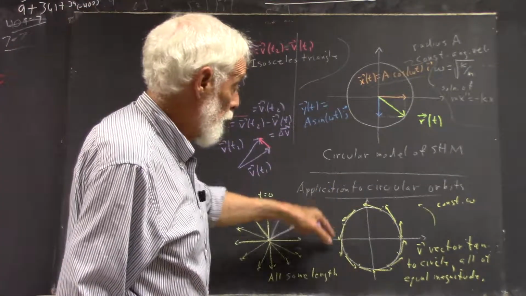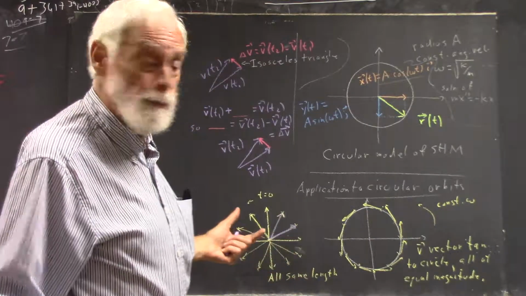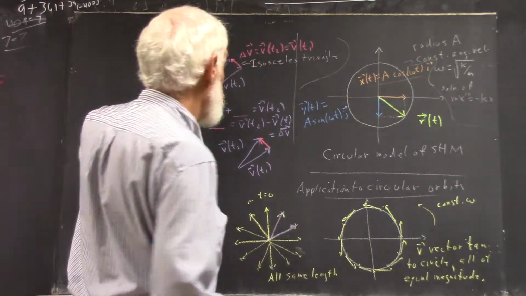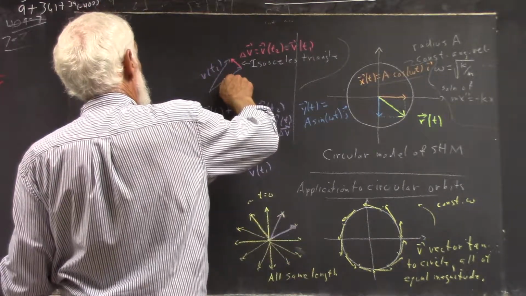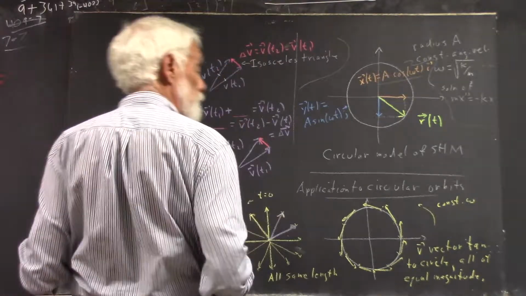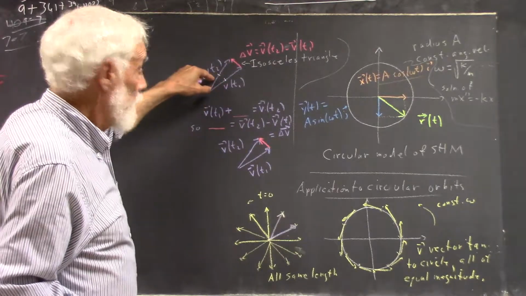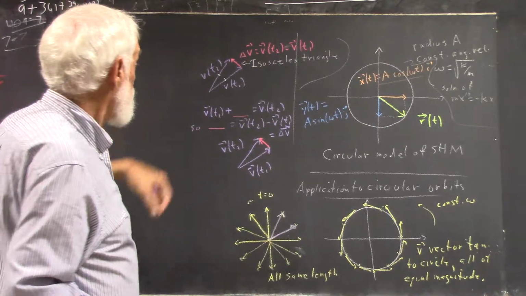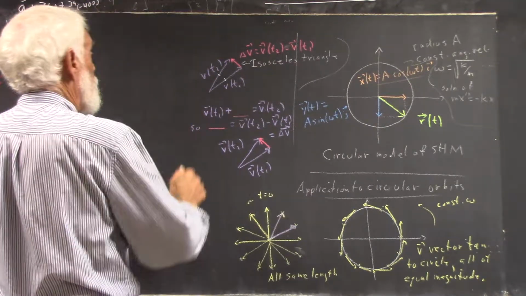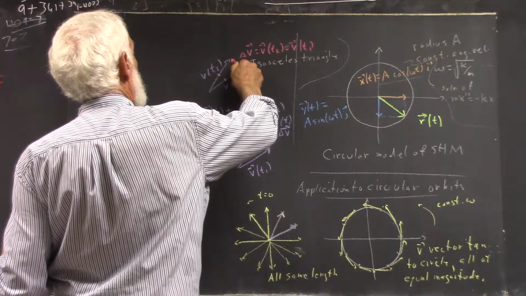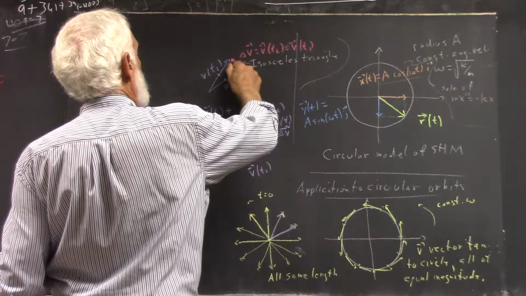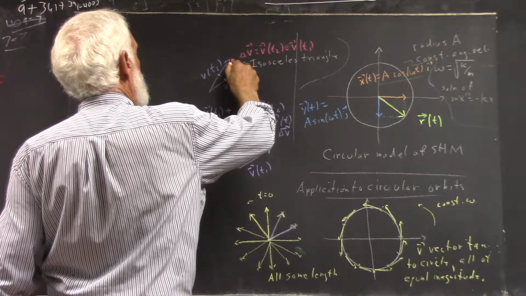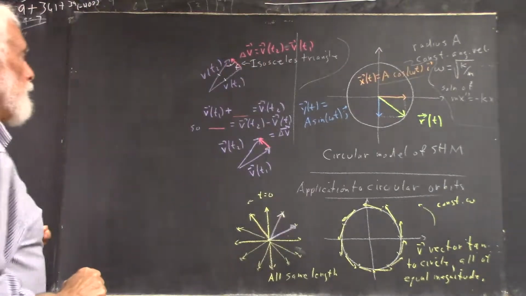All these vectors have the same length, the same magnitude. So the length of this one equals the length of this one. So I'll use standard geometrical labeling and say we got this and we got this. They're identical in magnitude, which means that this angle and this angle have to be identical.